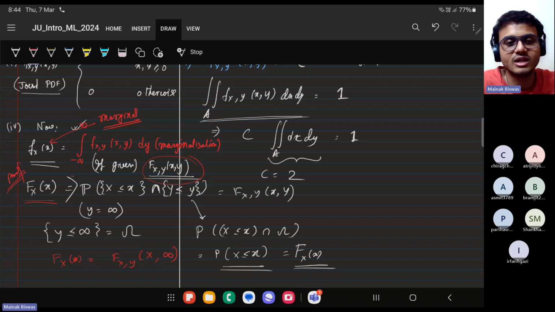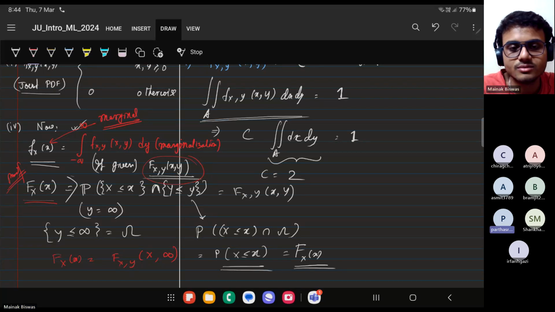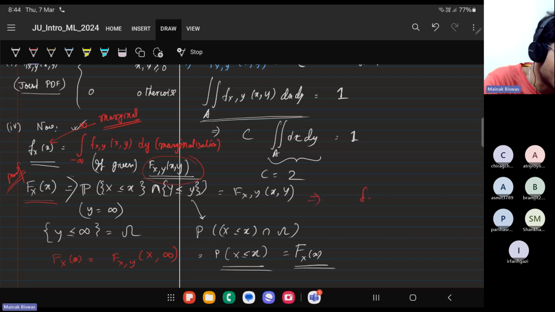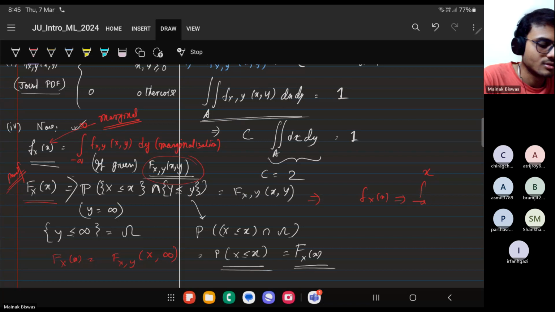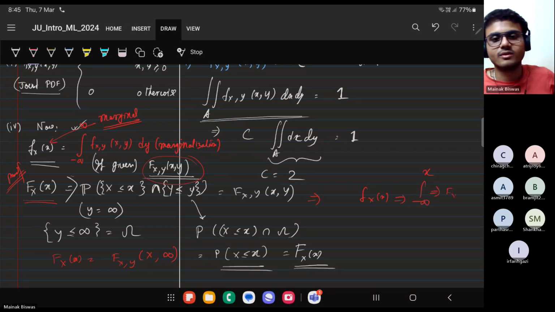But you also need to integrate 0 to x to get from small f of x to capital F of x. Then you can do all the normal mathematics.